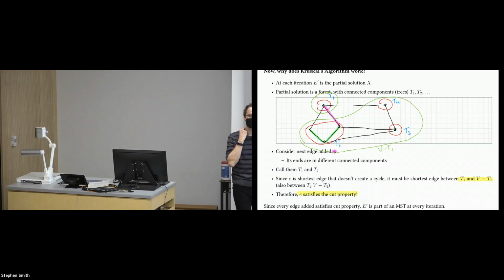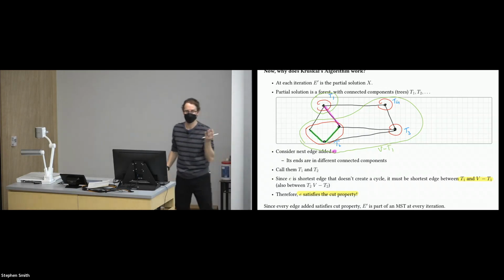Yeah, exactly. Now we're just applying the cut property. I'm just trying to convince you that there is a cut for which E is the shortest edge crossing the cut. And that cut is: take one of its endpoints, take the connected component that endpoint is in, and then take all the other vertices as the rest of it. And that edge that we add crosses that cut.